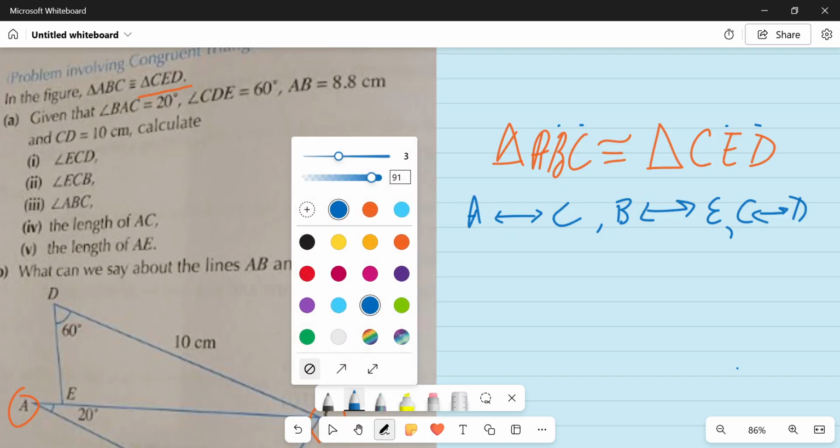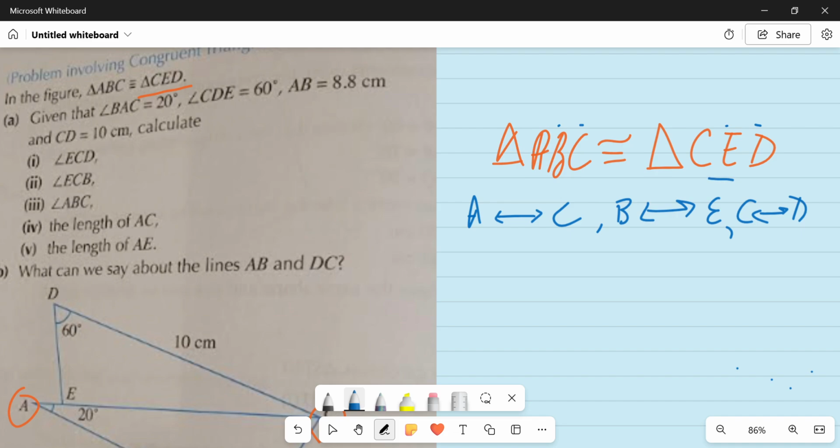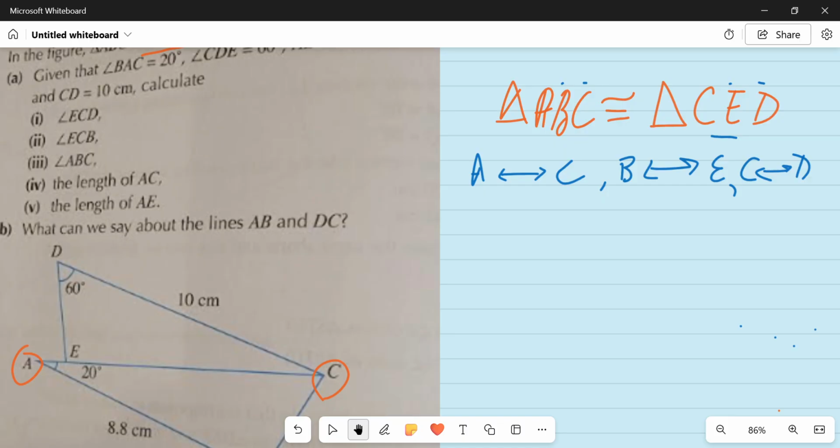When we see the name here, it says angle ECD, E, C, and D. When we say B, A, and C, the sequence is B, A, and C. So let's check in the diagram what the measurement of ECD is.